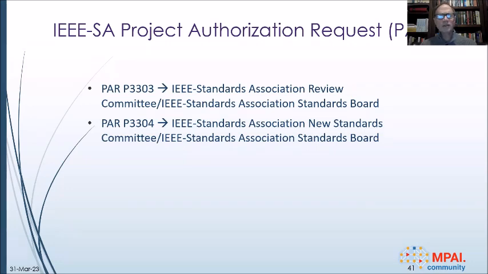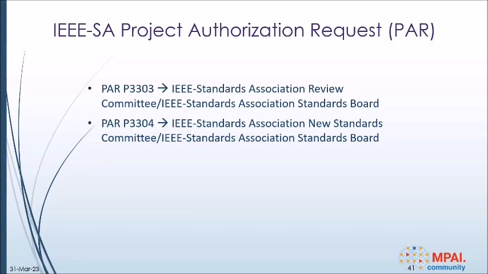One is going into the new standards committee, 3303, and excuse me, that is actually going into the review committee in May, and then the 3304 is going into the new standards committee in May as well. Next slide, please.